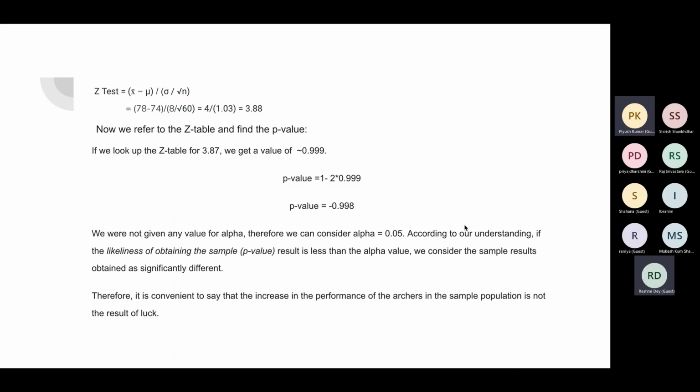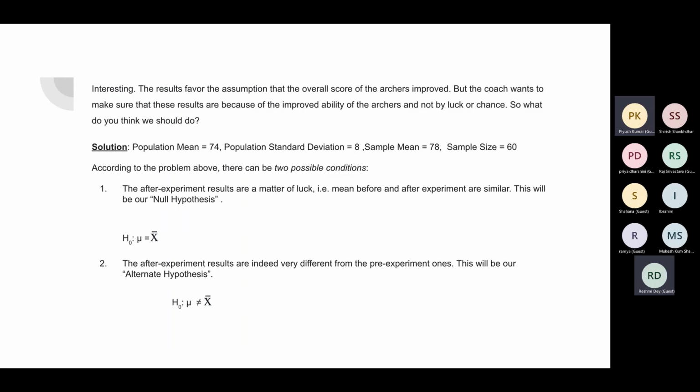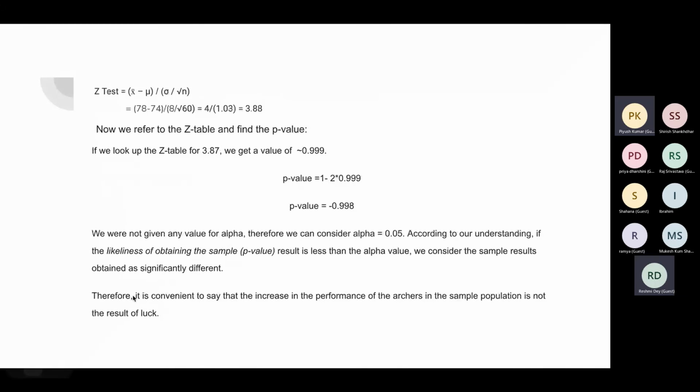So according to our understanding, if the likelihood of obtaining the sample result, that is the p-value, is less than the alpha value, we consider the sample result obtained as significantly different, which means that our alternative hypothesis is true and our null hypothesis is false. Therefore, we can conveniently say that the increase in performance of the archers is not the result of luck, but because of the exercises and meditation implemented by the coach.